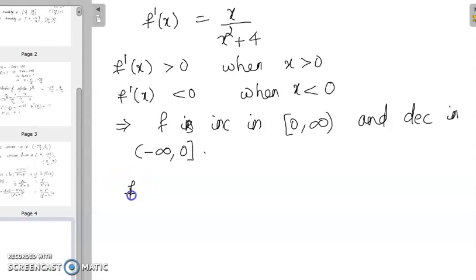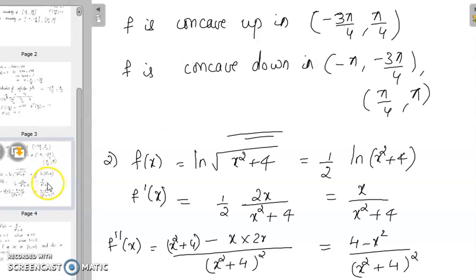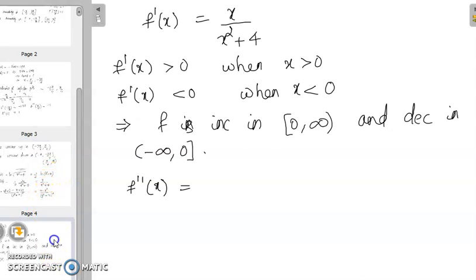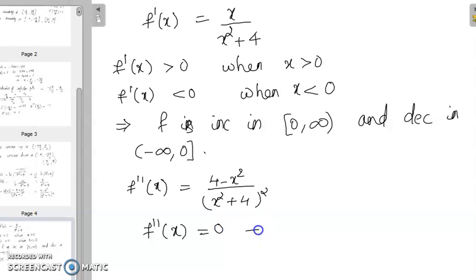Now f double dash of x will be equal to 4 minus x square by x square plus 4 whole square. So f double dash of x equal to 0 implies, the denominator cannot be 0, the denominator will be positive, and the numerator is 0 when x is equal to plus or minus 2.